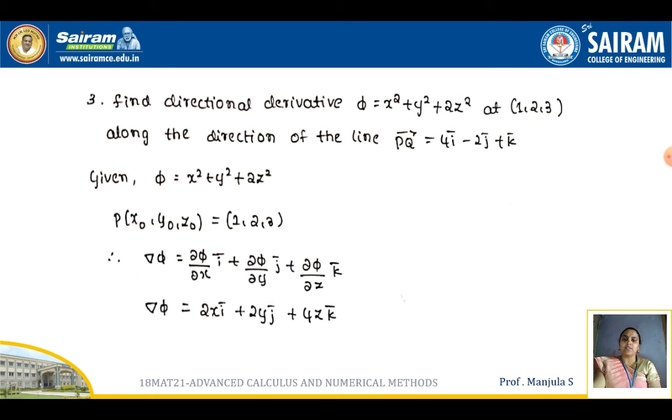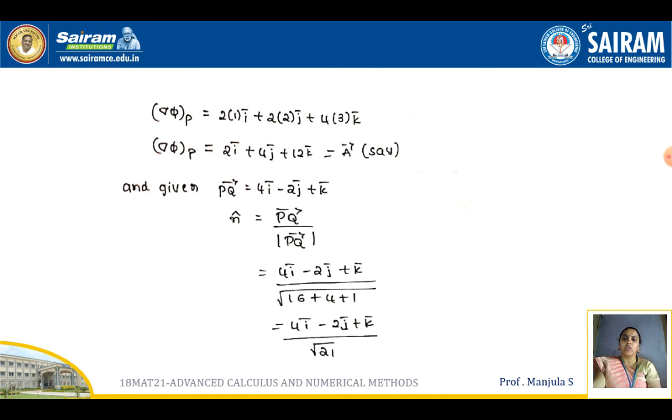But at the point 1, 2, 3 we have to find the value of del phi. In del phi, in place of x, y, z you just substitute the values 1, 2, 3. On simplification, del phi at the point 1, 2, 3 is 2i cap plus 4j cap plus 12k cap. Take this as vector A.